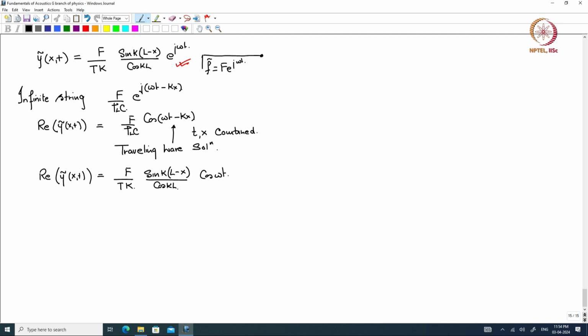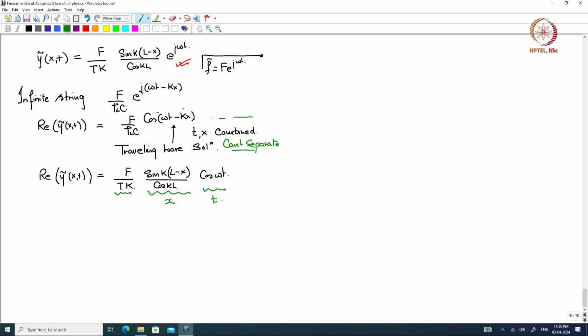So here we were unable to separate time and space, it's just a combined expression. Whereas here, this is a constant, this is a complete function of x, no time in it, it's a function of time alone, no space in it. So I have a separation. I have a separable solution actually.